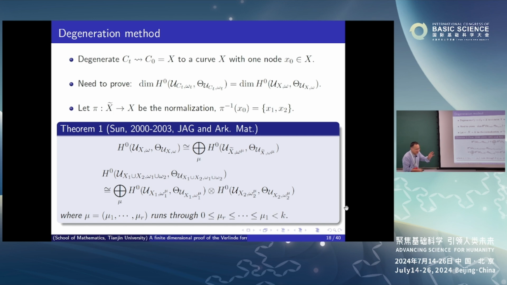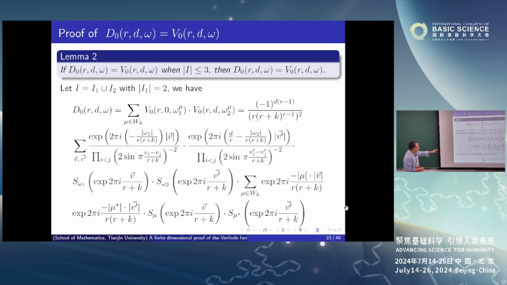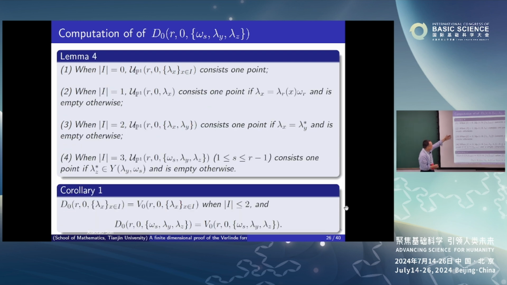But we still do not understand well, because as you say, the simplest case is this, right? But it does not give you many hints. It's 1 or 0.